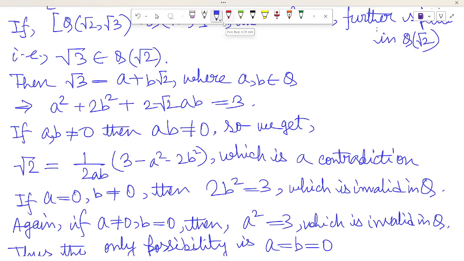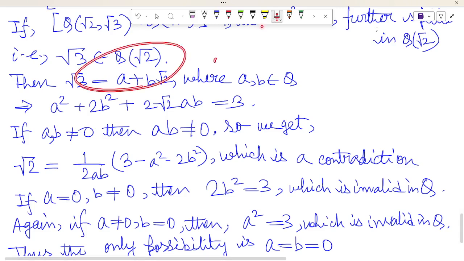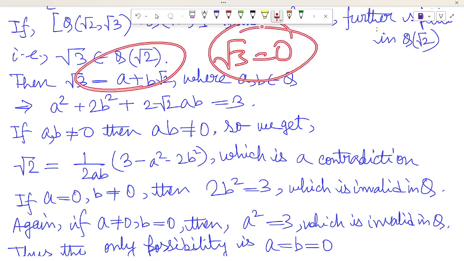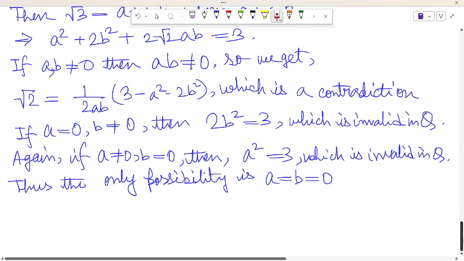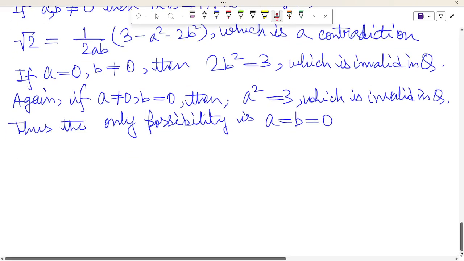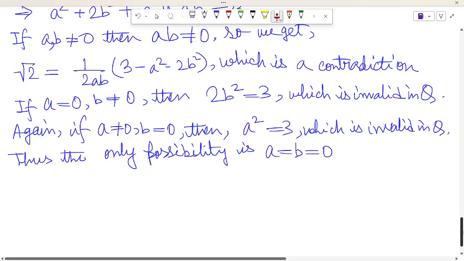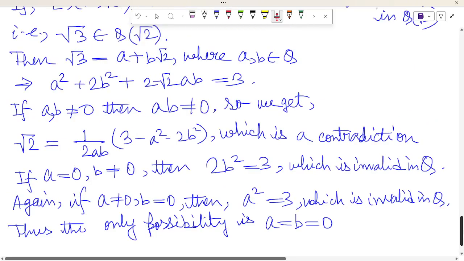Why? Because then root 3 equal to 0. I am writing correctly, let me see.